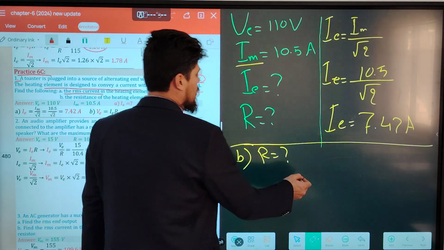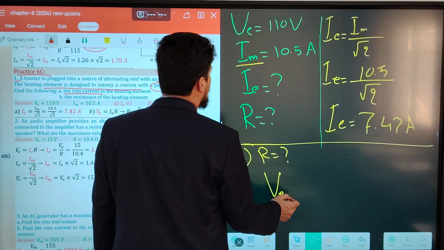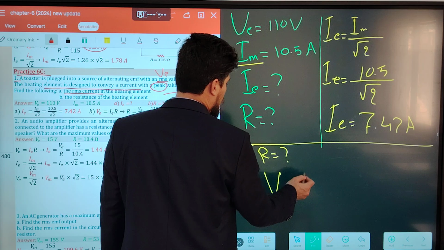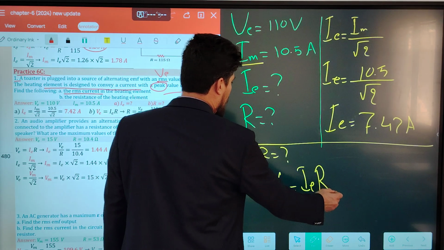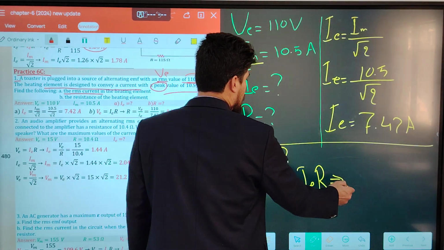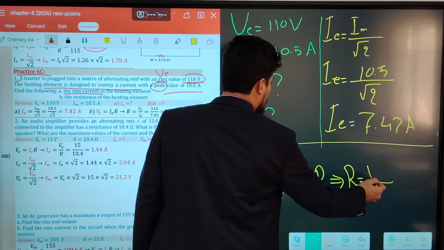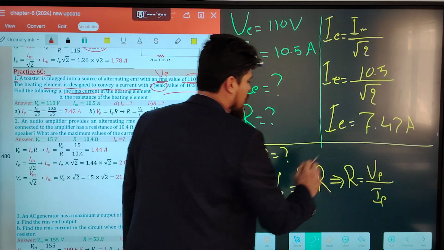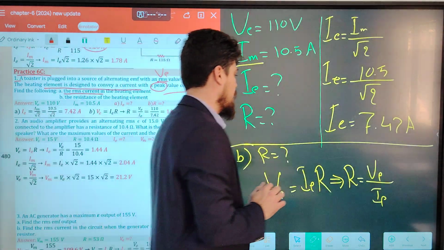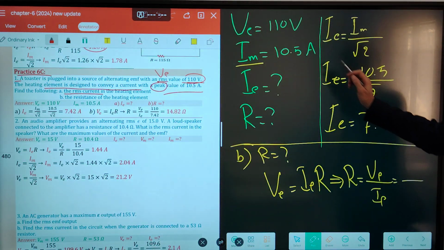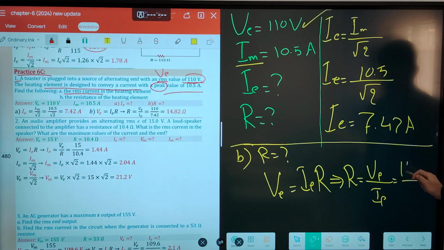Part B, resistance of the resistor. By using Ohm's law, VE is equal to IE times R. R is equal to what? VE over IE. Do we have the effective potential difference? Yes, 110.